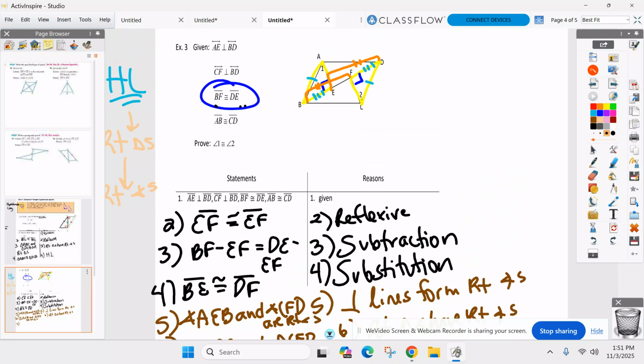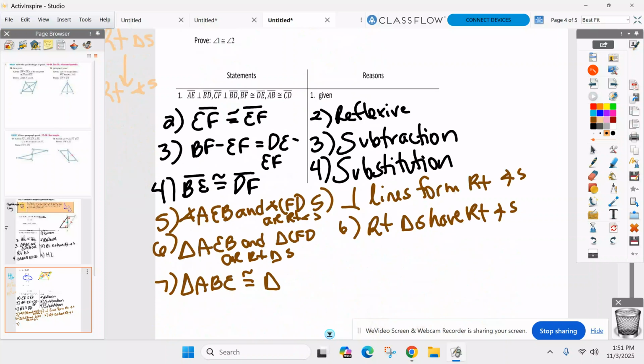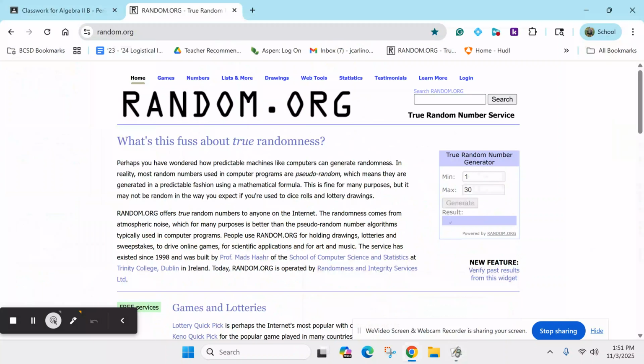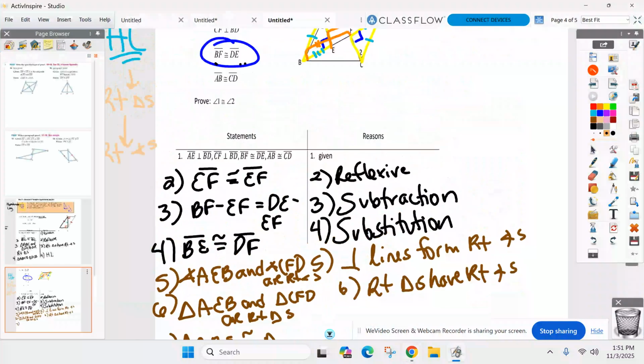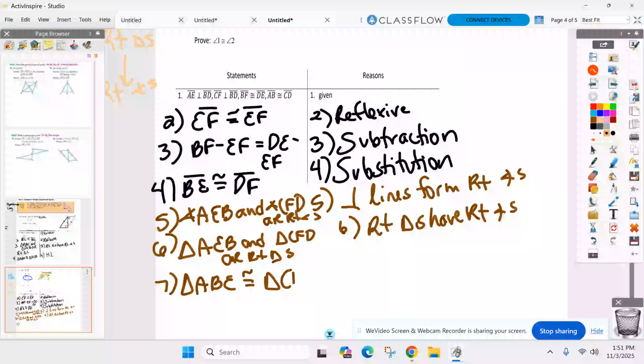If I go ABE, okay, I got the next one. ABE matches up with, finish off, Molly. CDF, thank you. Quick note, this is the only thing that needs to be in the correct order. I don't care how you tell me the right triangles, what order you do that in. I don't care about the right angles. This is the only thing that needs to be in corresponding order. And that is HL.